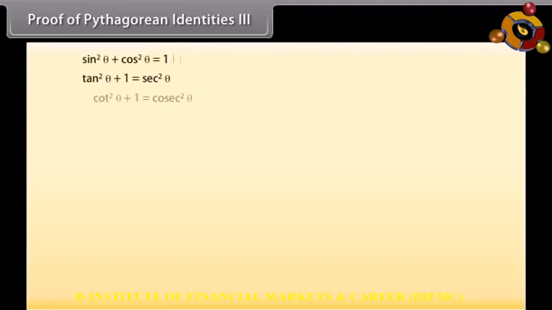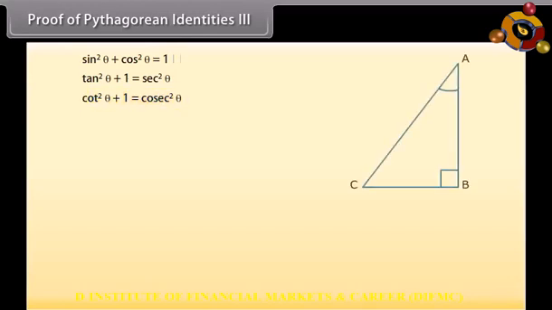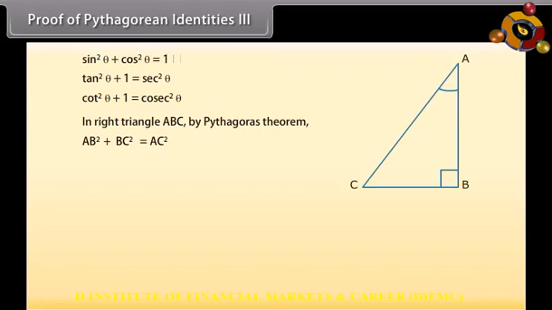Proof of Pythagorean identities 3. The last identity is cot square theta plus 1 is equal to cosec square theta. To prove this, we will again take a right triangle ABC. So, by Pythagoras' theorem, AB square plus BC square is equal to AC square.